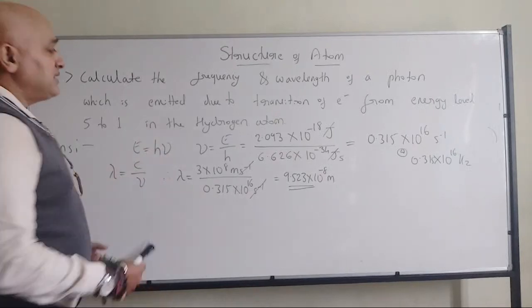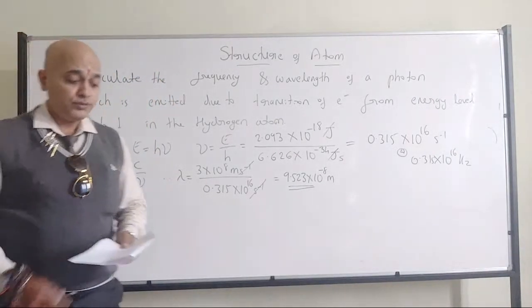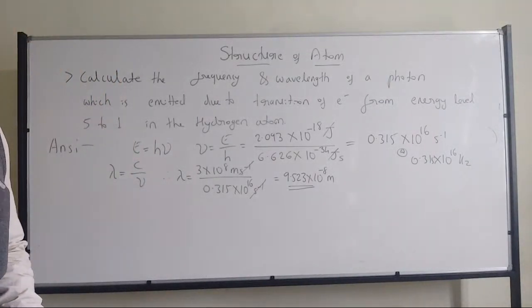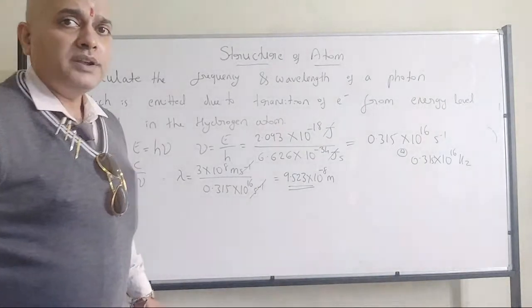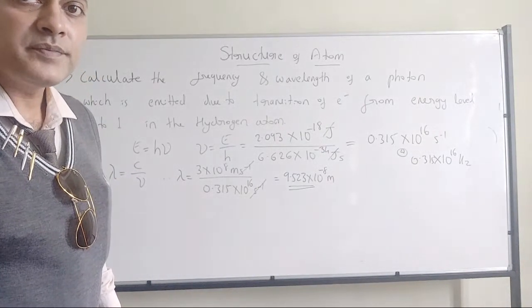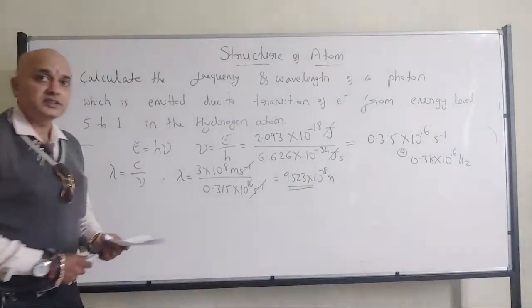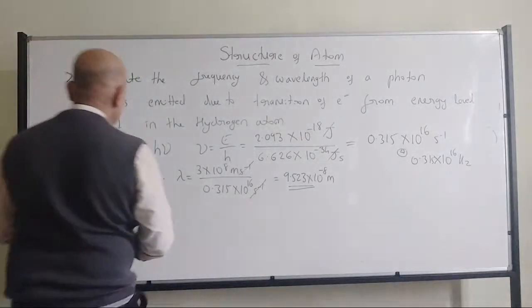Now, if they have asked to write it in terms of nanometer, how to do it? Any one of you? In terms of nanometer, how much will it be? 9.523. Very good, Stefan.